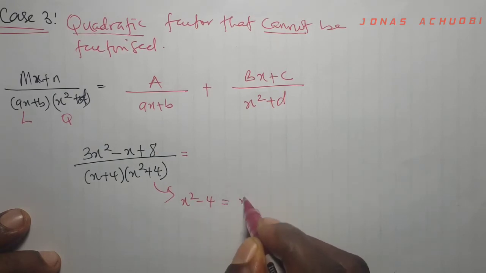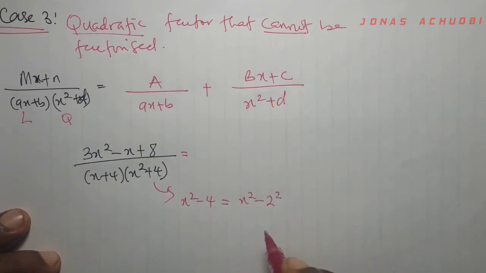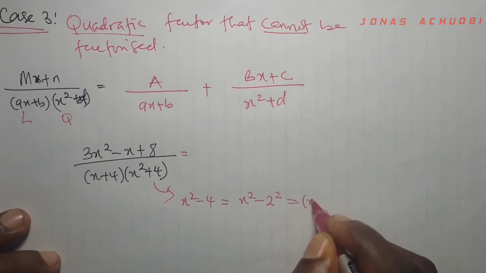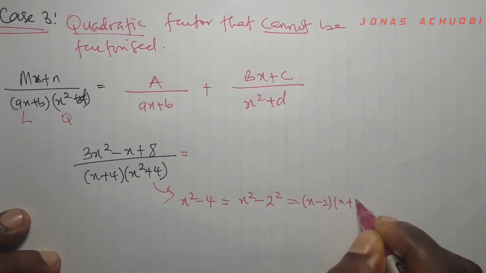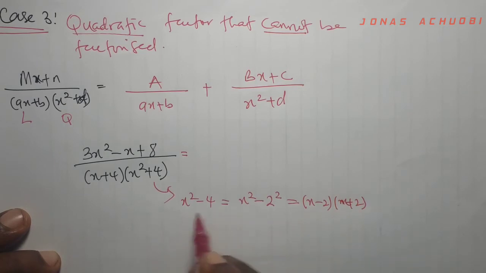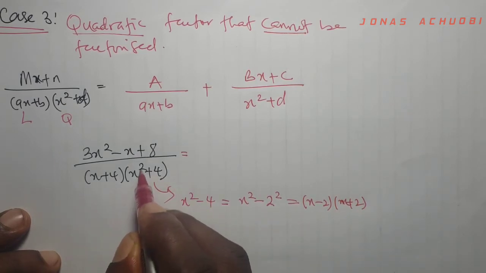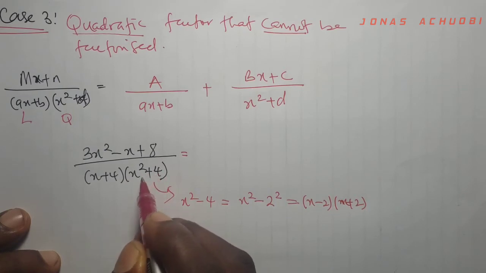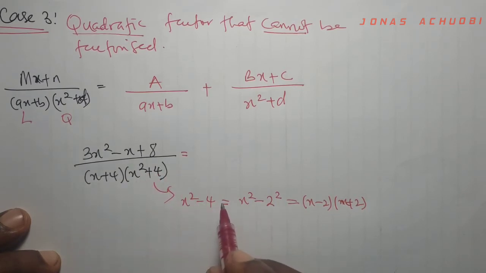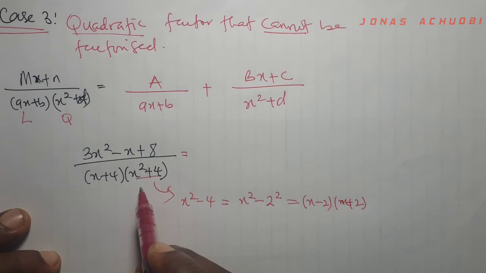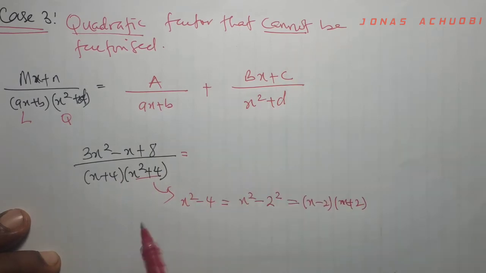Because we could write this as x squared minus 2 squared, and we can now apply the difference of two squares here, and this becomes x minus 2, x plus 2. So this means we factorize x squared minus 4. But in this form, x squared plus 4, this factor is clearly not factorizable. So this is a situation where we have a quadratic factor that cannot be factorized.